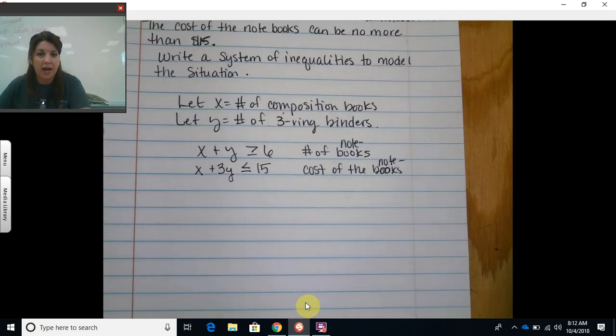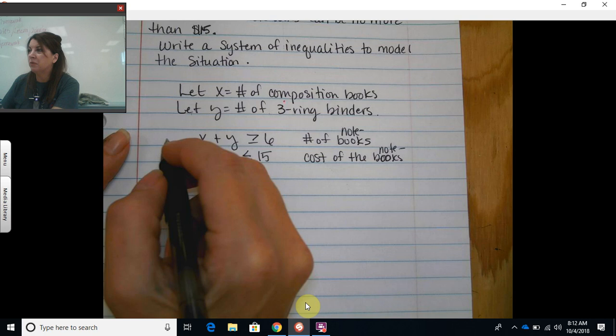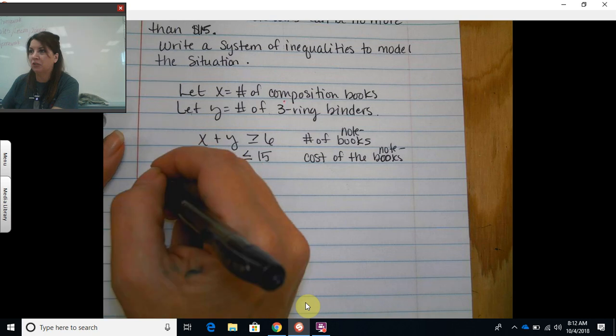Okay, so to graph these, and I know that we could probably graph them without showing our work, but this is my notes. And if you look back in your notes and you still can't remember how to graph a line, I'm going to remind you. Now remember, these are both in standard form. So I could convert them to slope-intercept form. I could do that. Find the slope and the y-intercept. Or I could just find the x and the y intercept. And to me, these look like they're going to be pretty easy to find the x and the y intercept. Okay, so that's what I'm going to do. Or you can make a table of values, but I want y'all to be able to graph without making a table of values, especially if it's just a line.